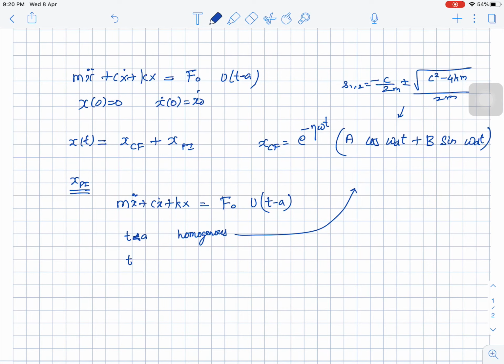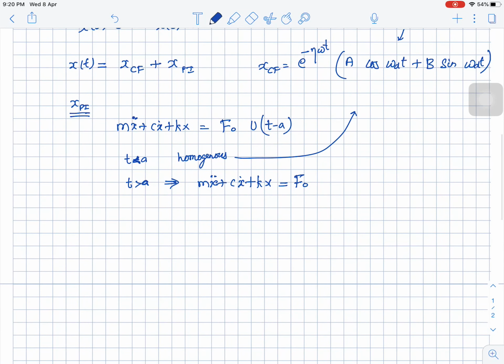When t is greater than a, this equation becomes m x double dot plus c x dot plus k x equal to f naught. Now we need to solve this differential equation. The solution will have the same form as the forcing.